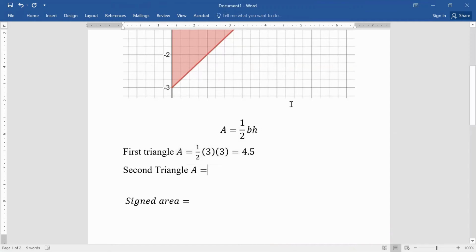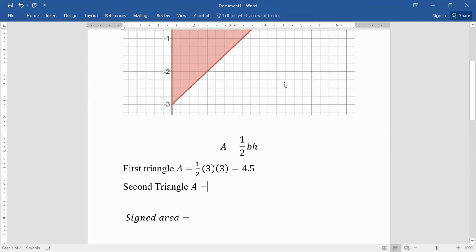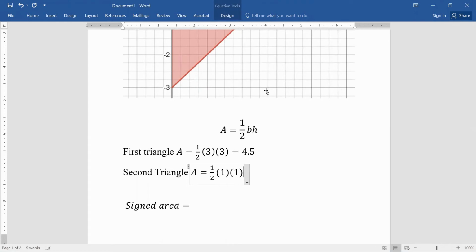The second triangle has a base of 1 and a height of 1. So the second triangle has area 1/2 times 1 times 1. So you get 1/2 or 0.5, doesn't matter how we write that.